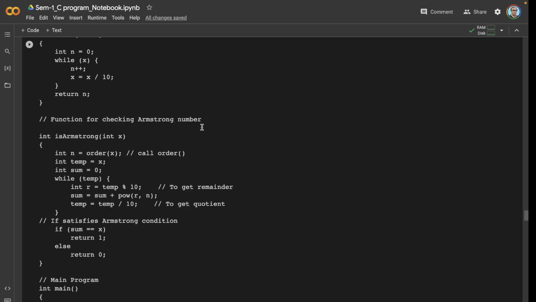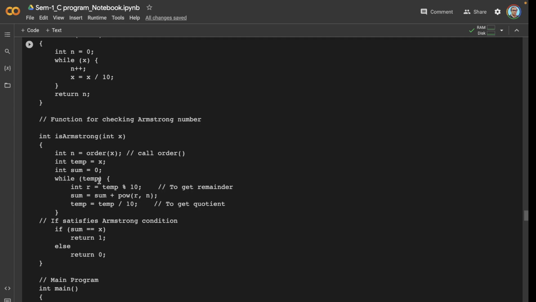Function for checking the Armstrong number. Integer armstrong, integer x. Order x, call the order function. First we find the number of digits, and a temporary variable equals x. So we store the number in a temporary variable. Sum equals 0.